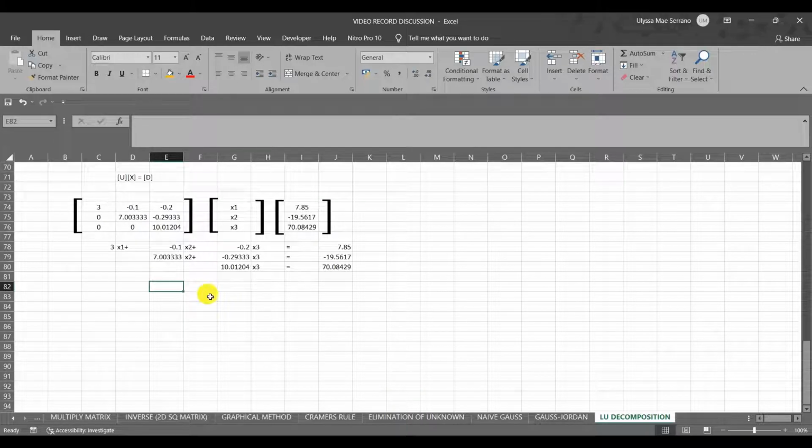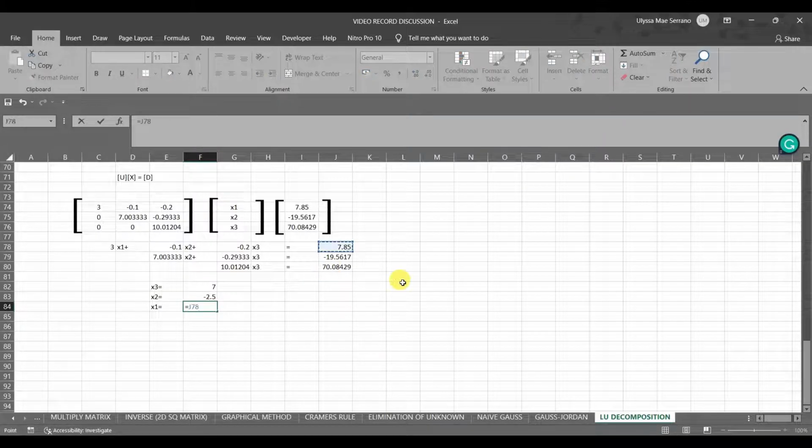So, with this, we will be able to calculate first the value of x sub 3, next x sub 2, and x sub 1. So, using back substitution, the quotient of 70 and 10. So, we have the value of 7. For our x sub 2, the difference of the product multiplied by the resultant x sub 3, and divide it all by the coefficient at x sub 2, and we will be able to find x sub 2.